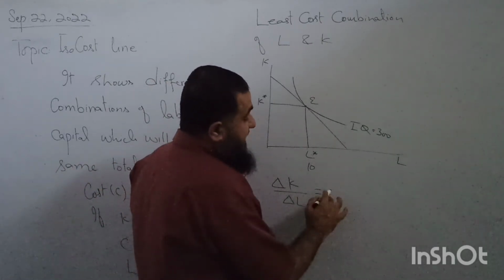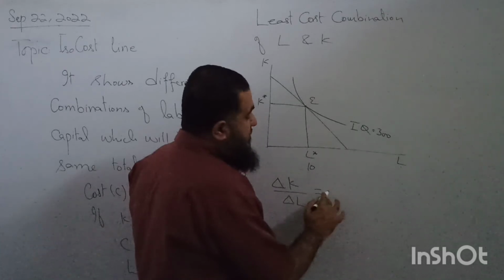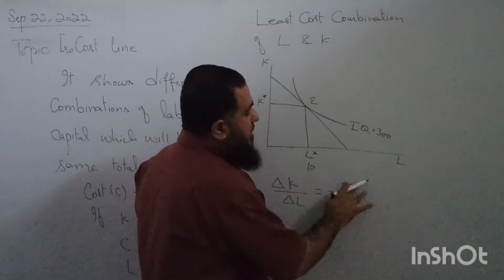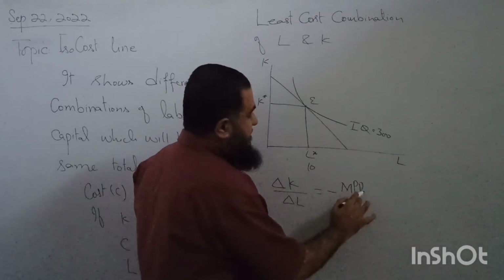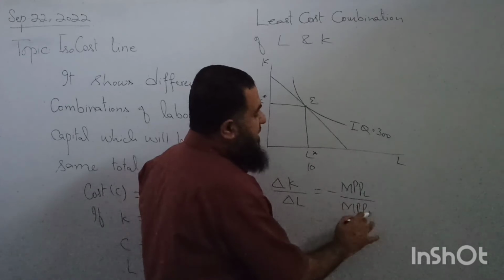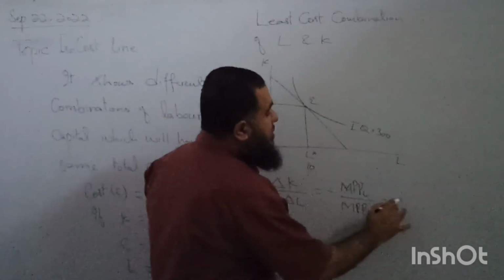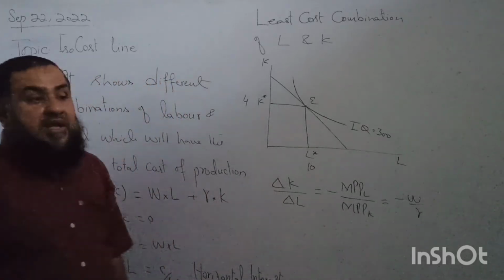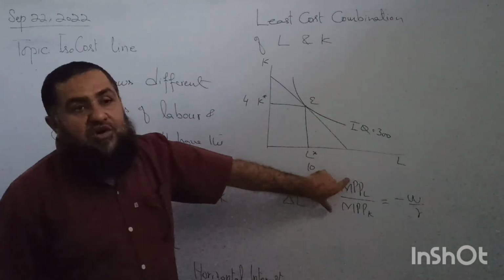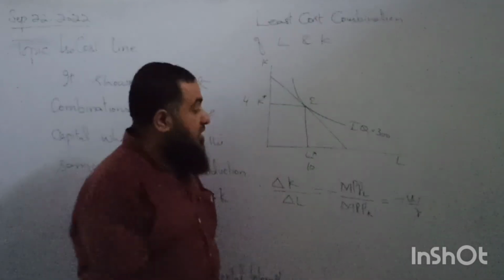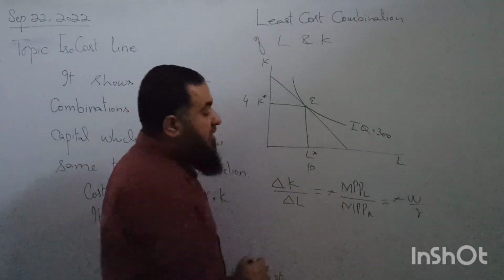what is the slope of the isoquant we studied yesterday? Marginal physical product of labor divided by marginal physical product of capital should equal minus W over R. We studied right now, this is the slope of the isoquant curve, and this is the slope of the isocost line. So the minus sign is cancelled out.